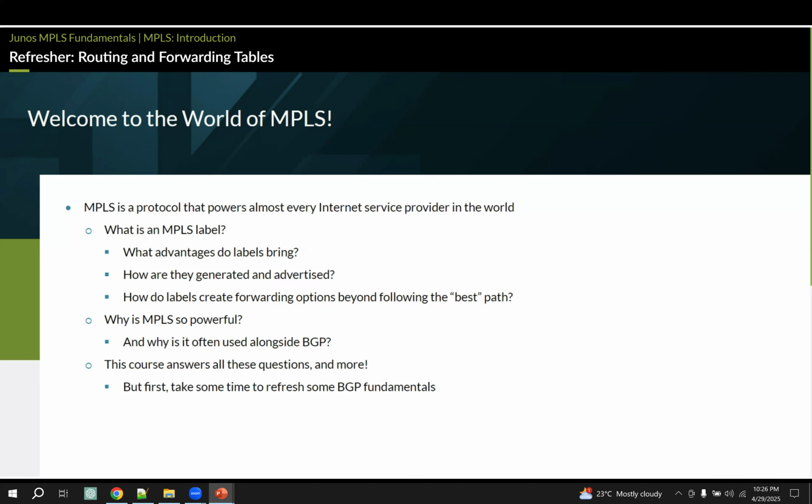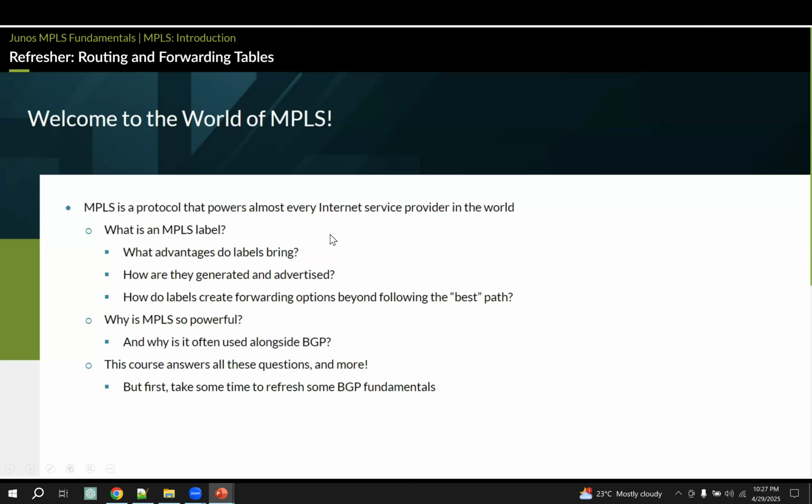You can sell VPN, L2 VPN, L3 VPN, and you can take money for giving the solution. That's why this statement is here: MPLS is a protocol that powers almost every internet service provider in the world.